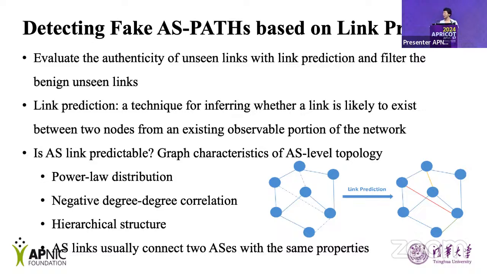So here comes the question: is an AS link predictable? Fortunately, the graph characteristics of the AS-level topology make it predictable. There are the power law distribution, negative degree correlation, and hierarchical structure. All these characteristics make AS link prediction possible.